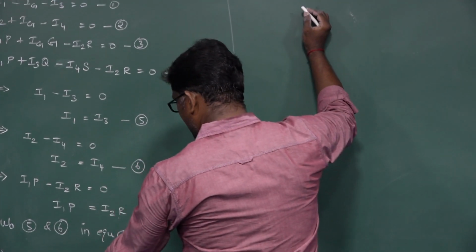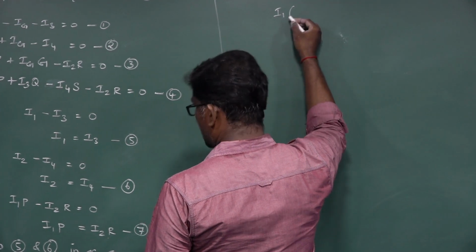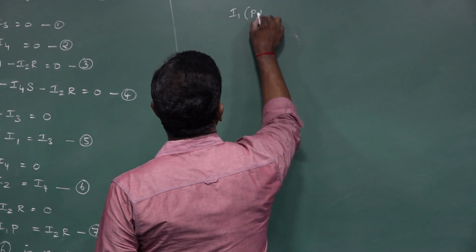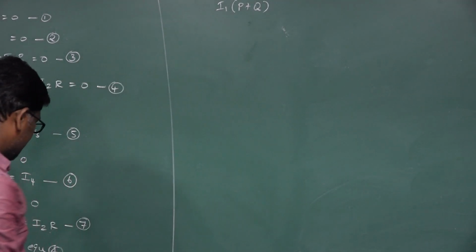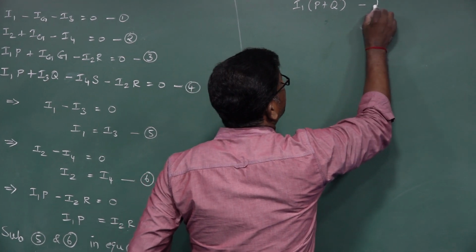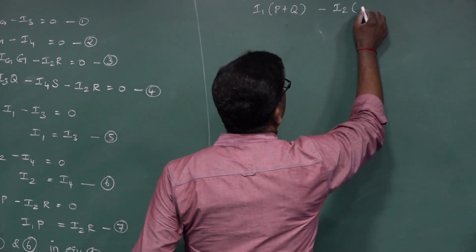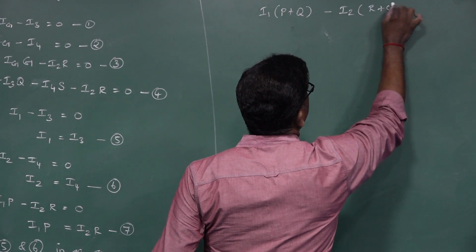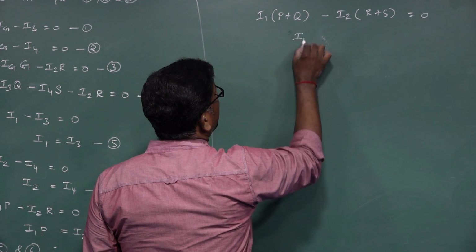Here I1 is common, so take it outside: I1 of P plus Q. Here minus I2 is common, so take it outside: minus I2 of S plus R, or R plus S, which is equal to 0.